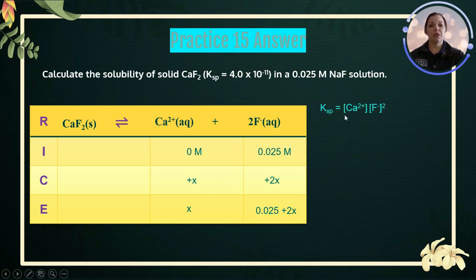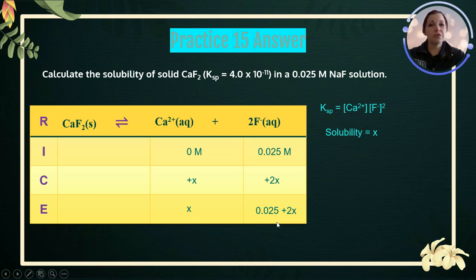So our KSP expression is going to be equal to the concentration of Ca2+ times the concentration of F- squared. Again, that coefficient becomes a superscript in our KSP expression. We do not have a denominator because we do not include solids in our equilibrium expressions. And now we need to think about the fact that solubility is equal to x, so we're going to be solving for the value of x.